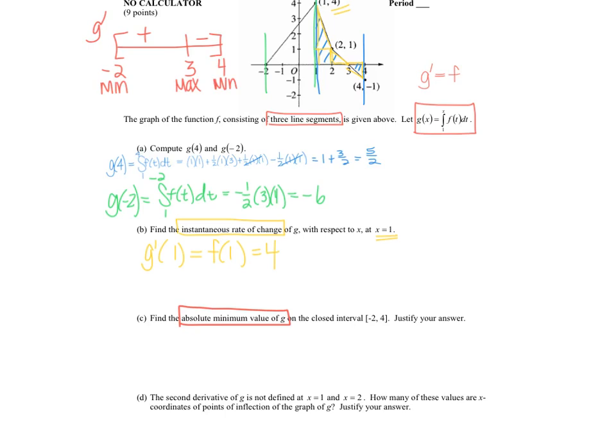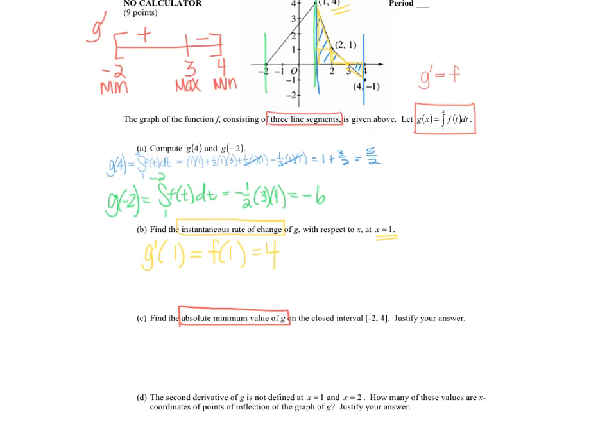Even though we already know it's a max, you need to make sure you say something about all the critical values. So we know the min is either going to be -2 or 4, right? The absolute min is either going to be -2 or 4. But for them grading, they need to see that you know what you're talking about.